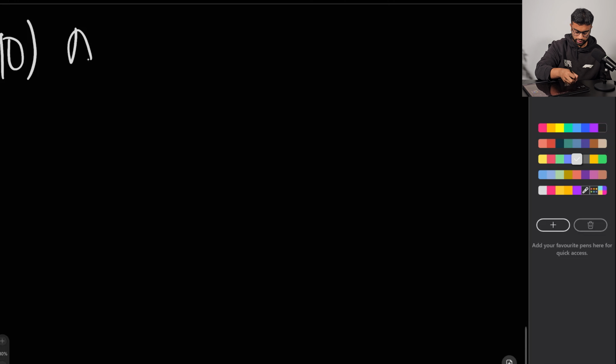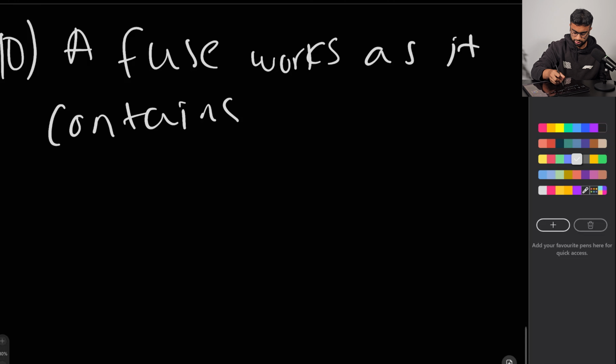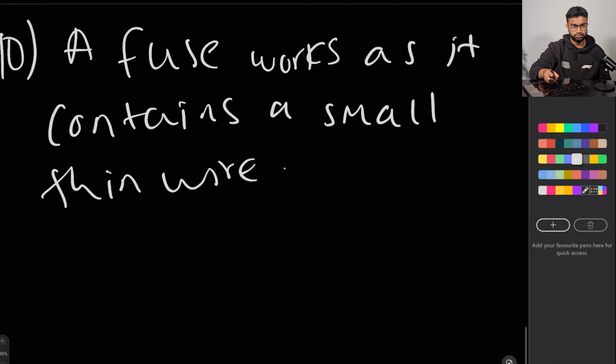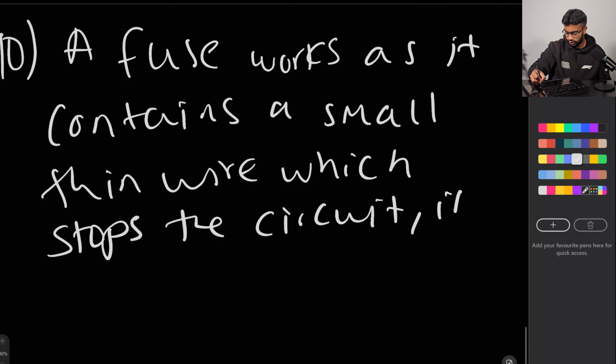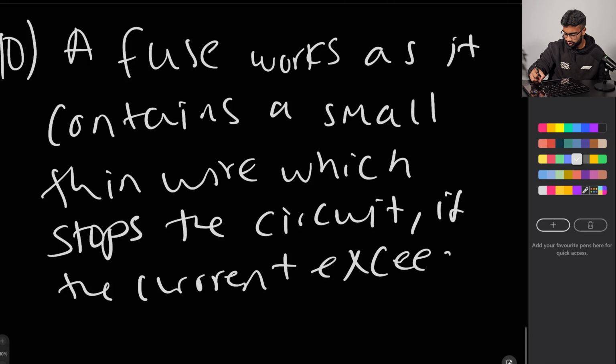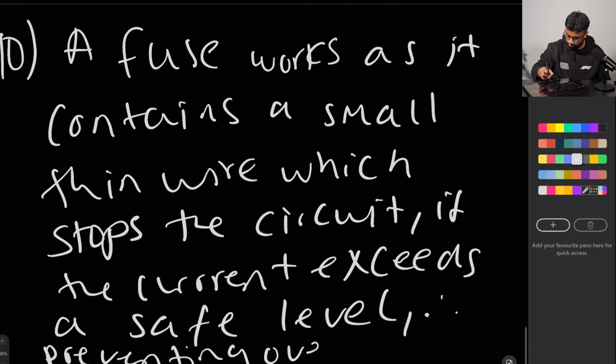So we can say that a fuse works as it contains a small thin wire which stops the circuit if the current exceeds a safe level, therefore preventing overheating.